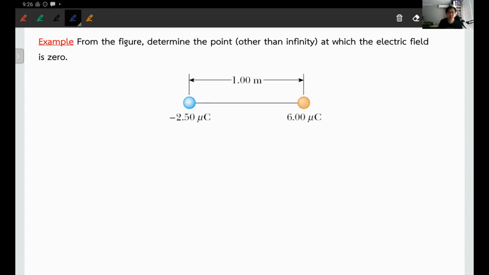Give it a shot. From the figure, determine the point, other than infinity, at which the electric field is zero. Because if you go infinitely far, then of course you're going to get zero field. But no, let's find the point around here that gives you zero field. I want you all to try this one.